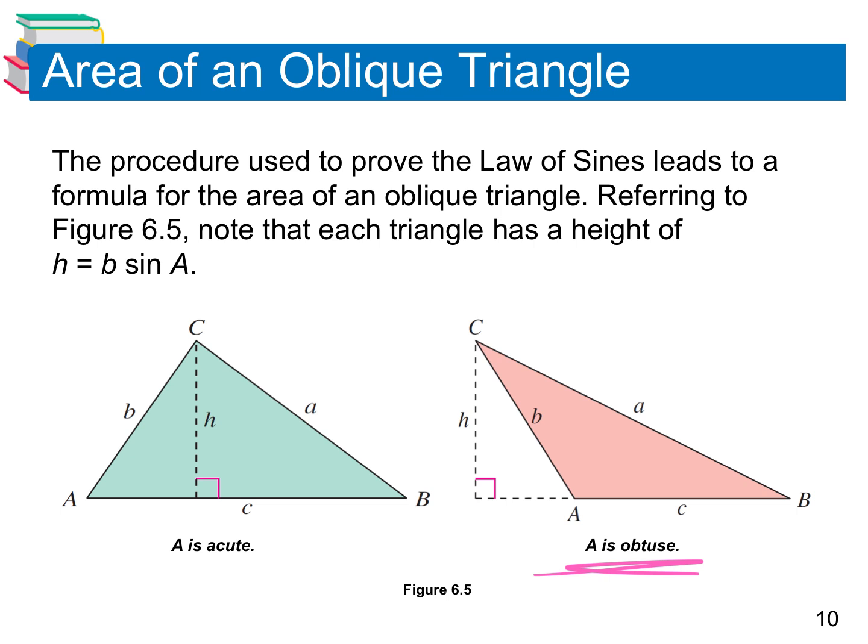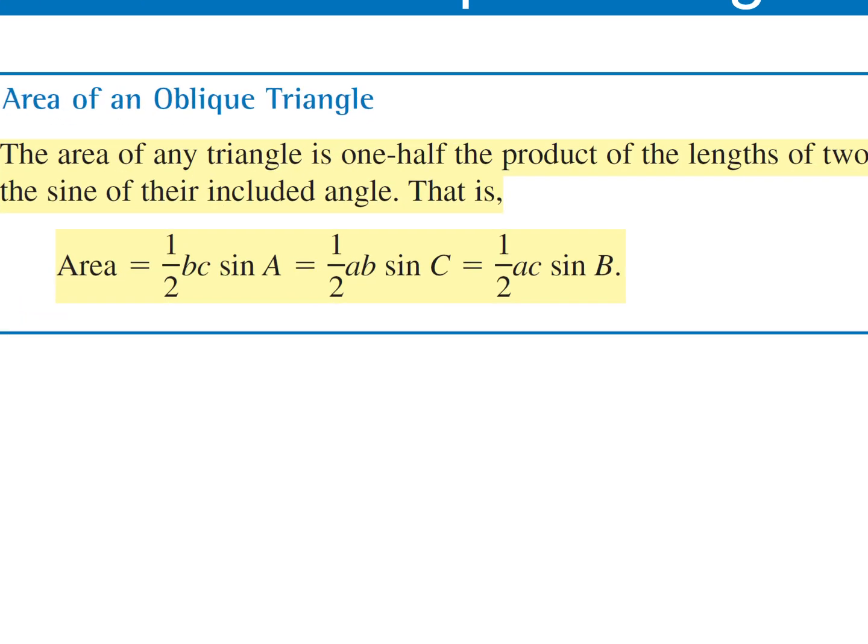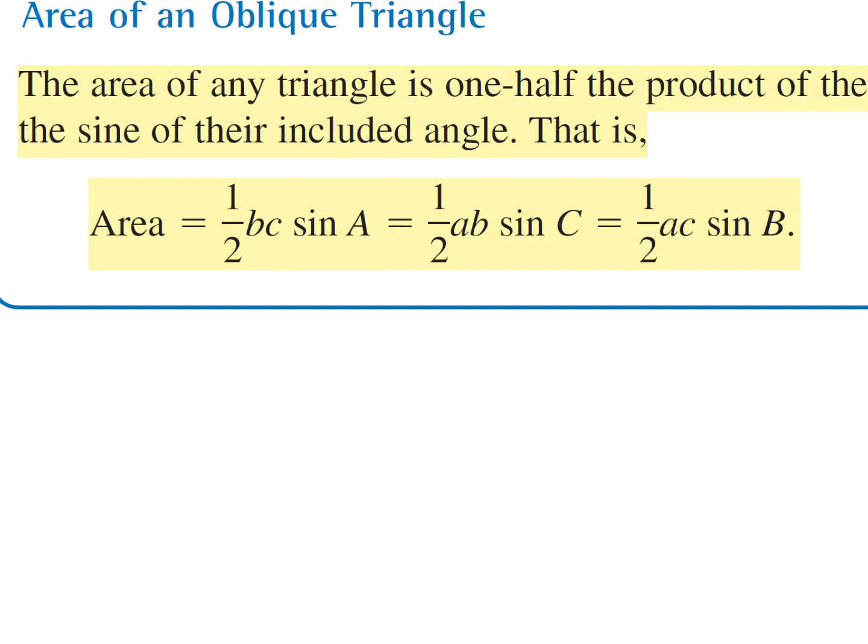So we have a formula to help us find the area. So on the next page, depending on what you have, it'll probably give you two sides and the angle. So it's not going to give you the pair, like side A and angle A. It'll give you the missing one. So depending on what you have, you can use any one of these three formulas.